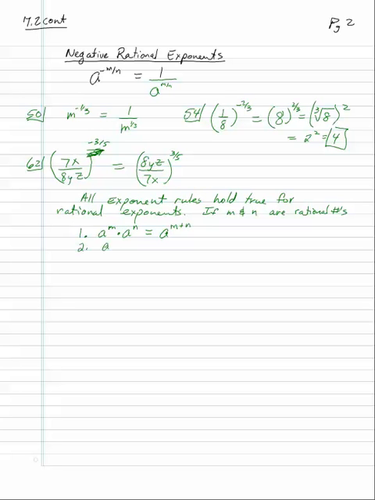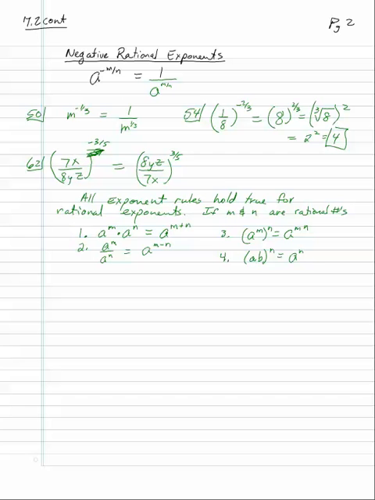If we divide with the same base, we're going to subtract the exponents. If we take a power to a power, we're going to multiply the exponents. If we do a product to a power, we're going to raise each of those to that power.